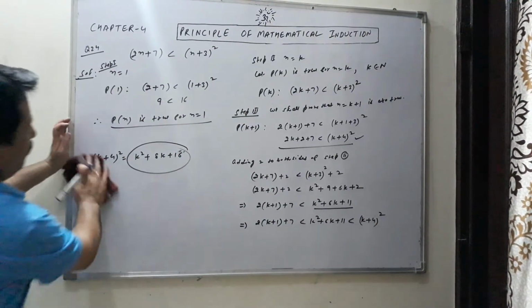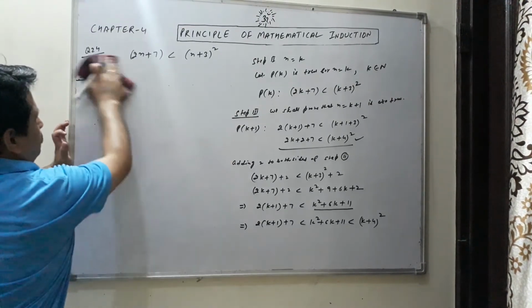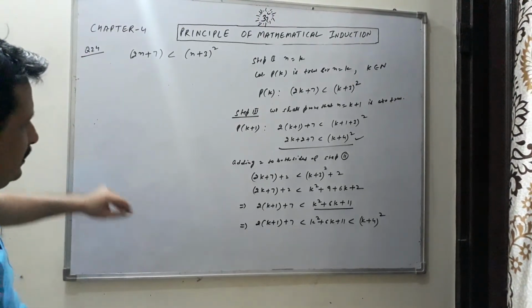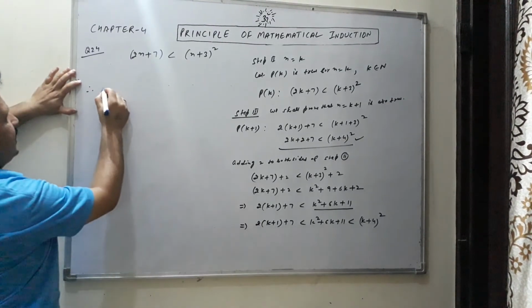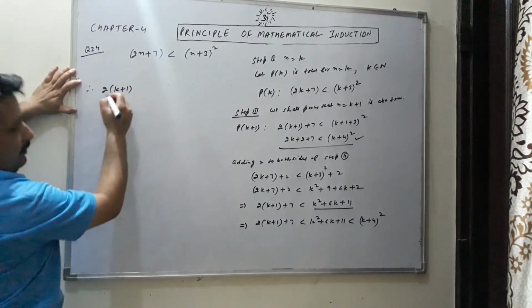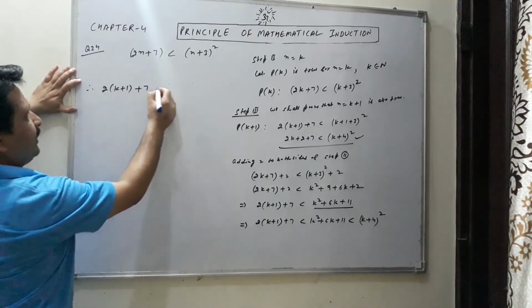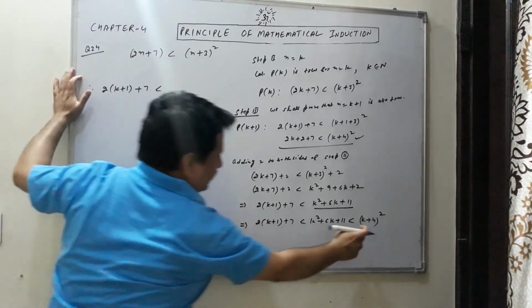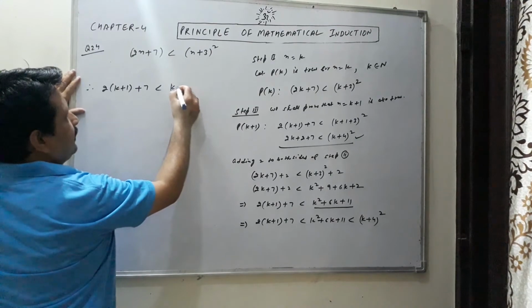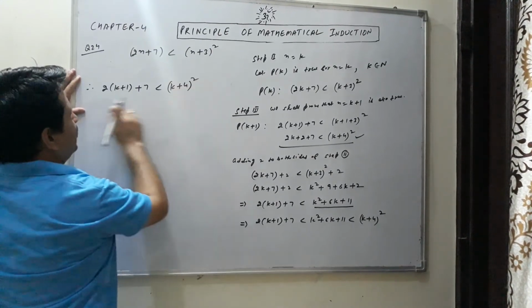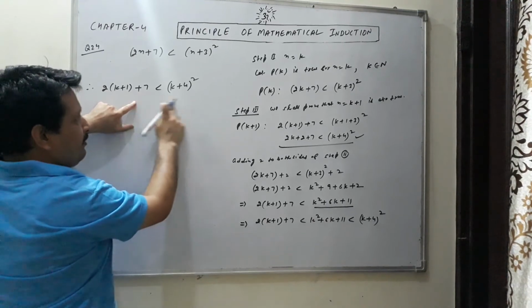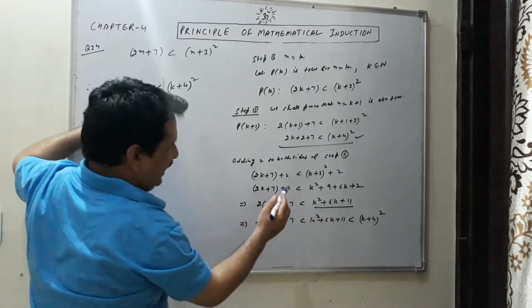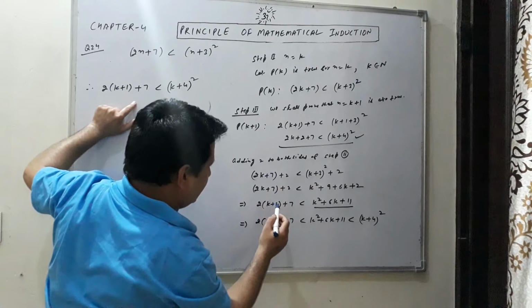So what will you say now? Therefore, students, you can say that 2 into k plus 1 plus 7 is less than k plus 4 whole square. So here what you have to see, students, is what we are getting from here and what we have to prove.